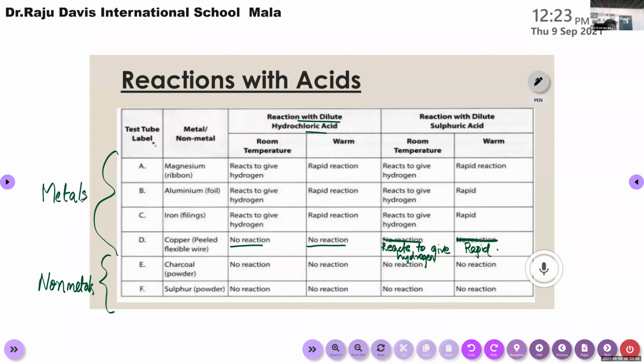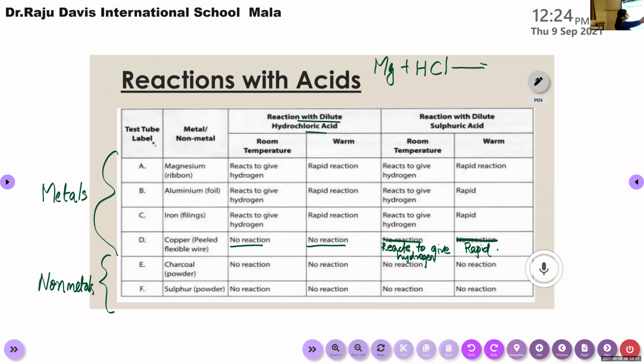Ma'am, why is everything giving hydrogen? Because when a metal reacts with an acid... I will give you one example for the reaction. Magnesium is one metal, right? This magnesium will react with hydrochloric acid, HCl, the chemical formula of hydrochloric acid.